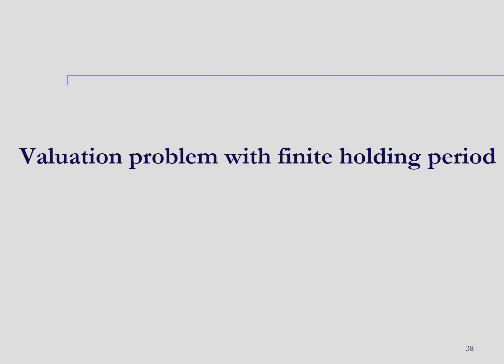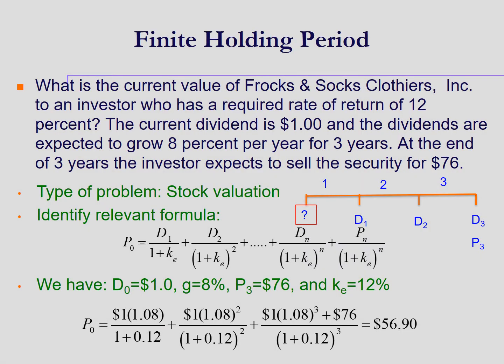We next would like to discuss the valuation problem with finite holding period. This is a stock valuation problem. We are required to find the current share price, which is the present value of all expected future cash flows.